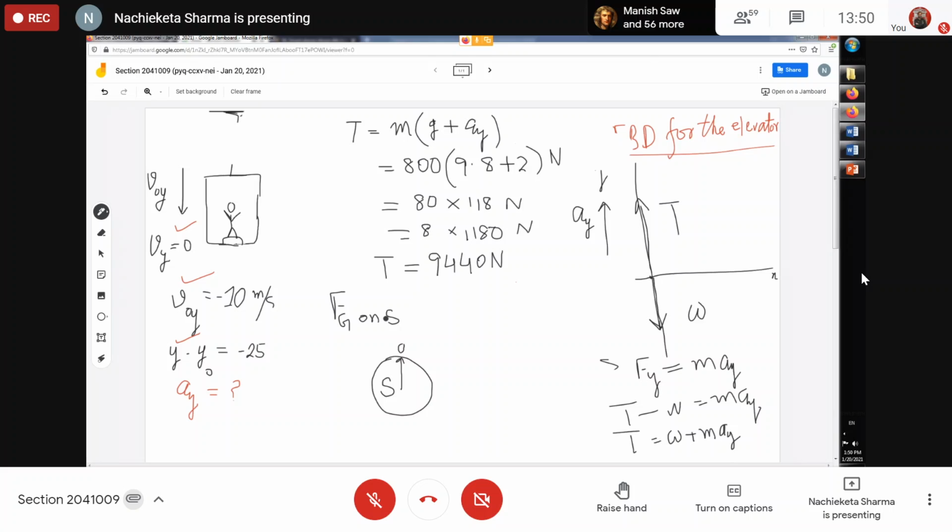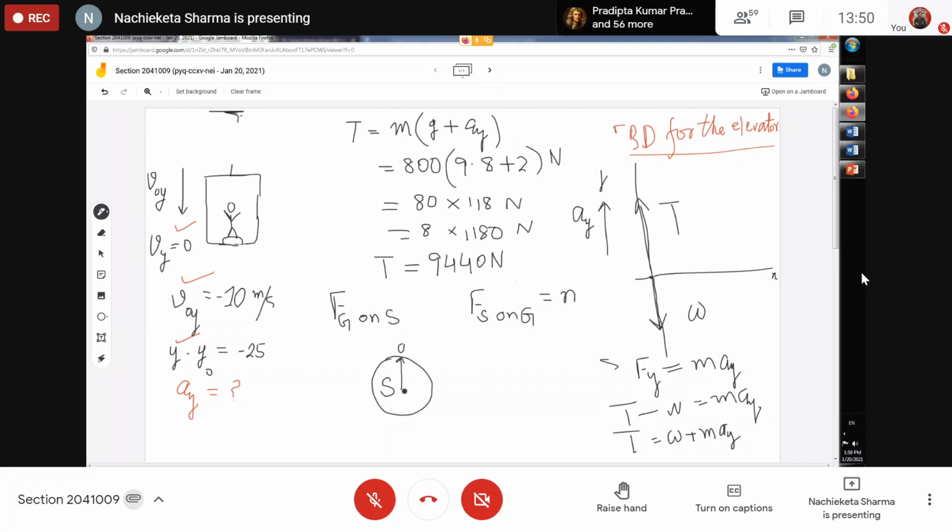The scale will not remain silent. The scale will also apply a force on the gymnast. So Fs on G. Because if we assume this scale as a surface, then this is nothing but the normal force, because that is the definition of normal force, the perpendicular force which is generated by the surface.